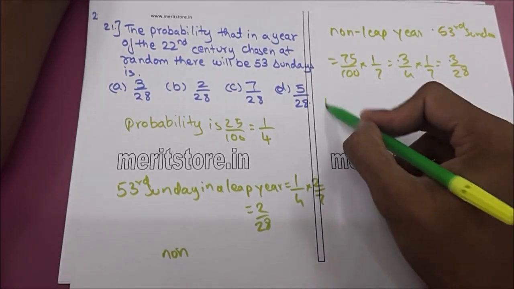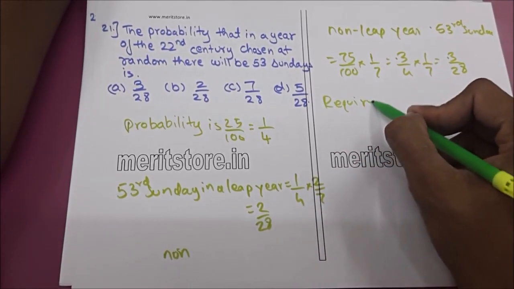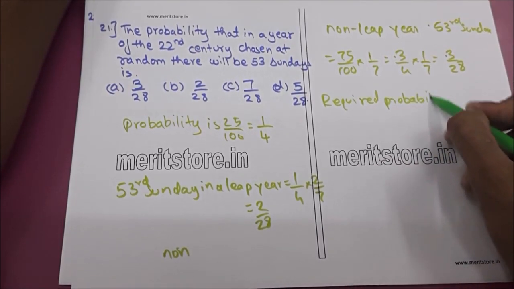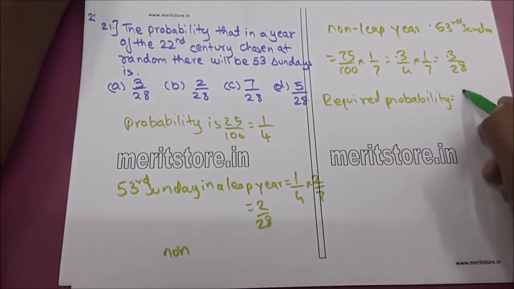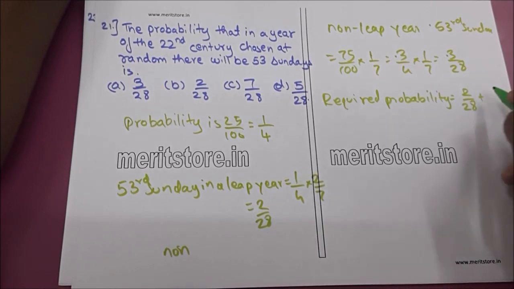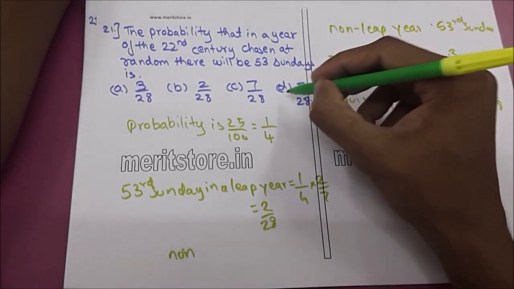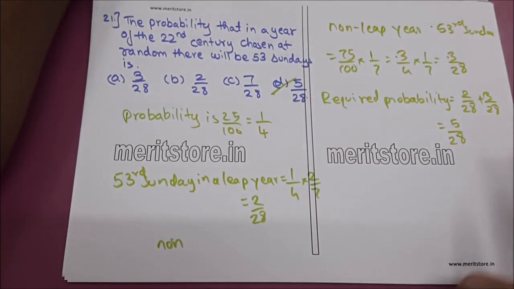So the required probability is equal to 2 by 28 plus 3 by 28, which is equal to 5 by 28, which is option D. So option D is the correct answer.